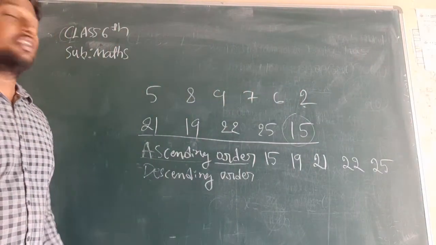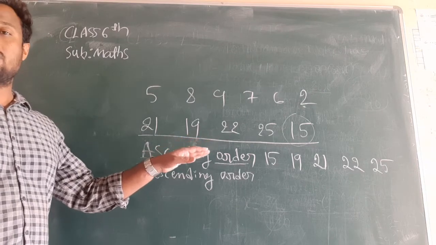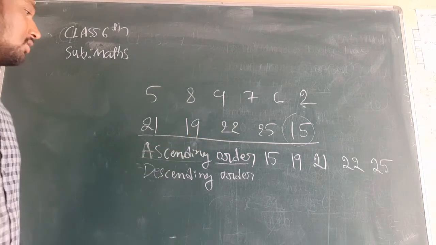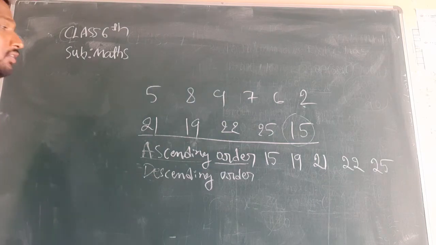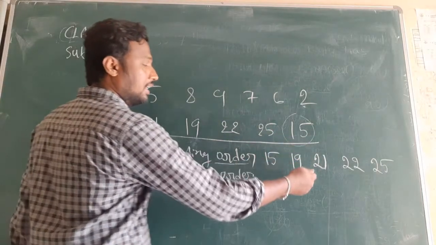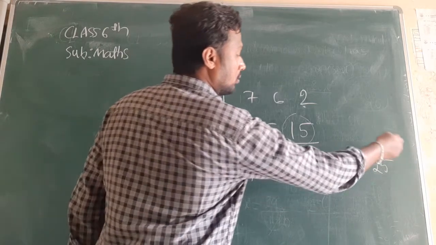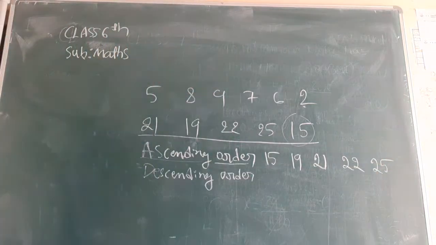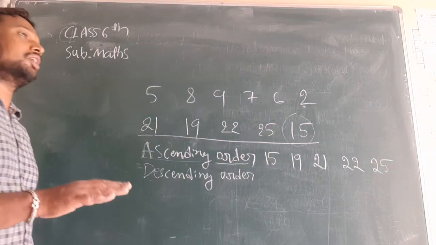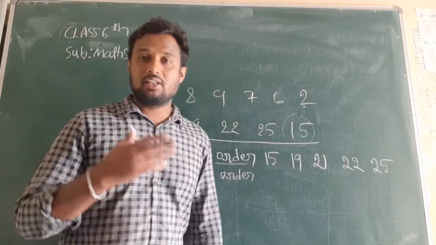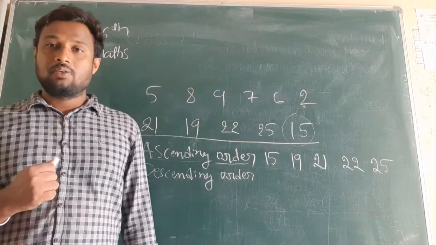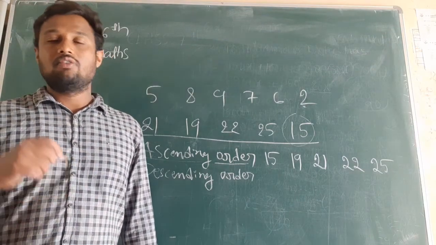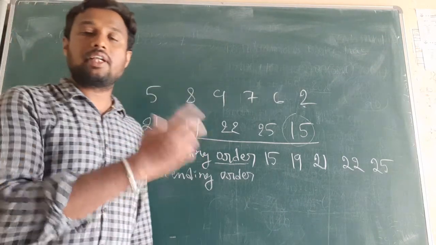Now you can see these are in ascending order, smallest to greatest: 15, 19, 21, 22, 25. We have arranged these numbers in ascending order. What is the meaning of ascending order? From smallest to greatest value.